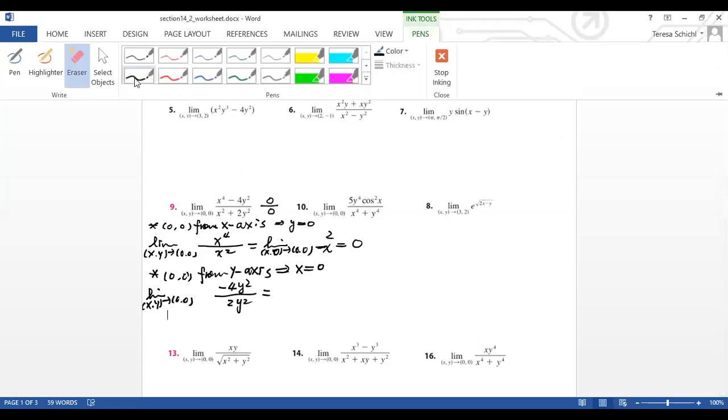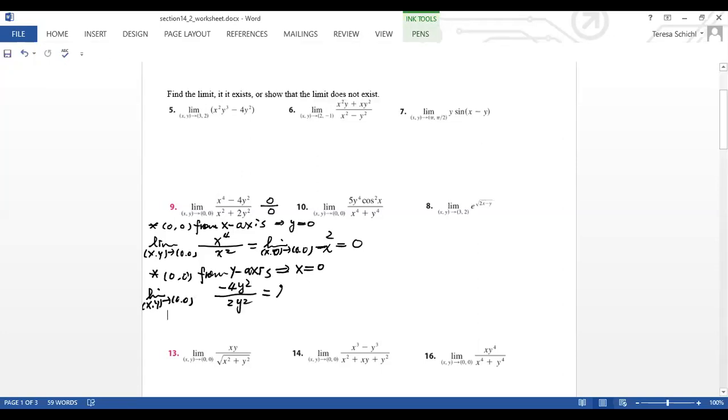So it's the limit as (x,y) approaches (0,0). You cancel that, and what is left is negative 2.